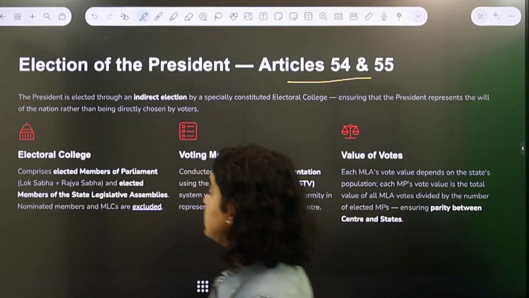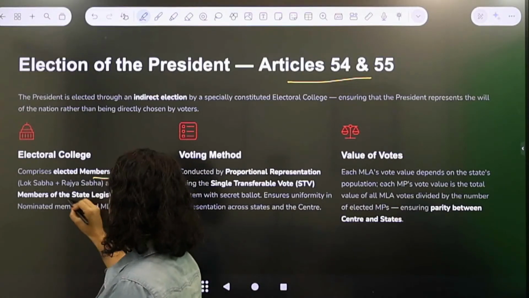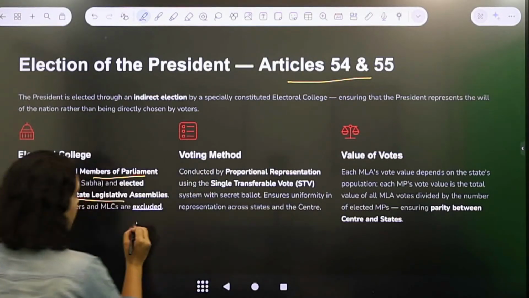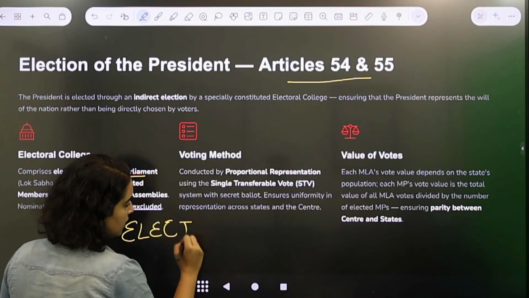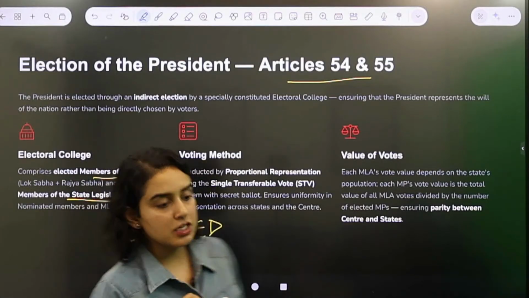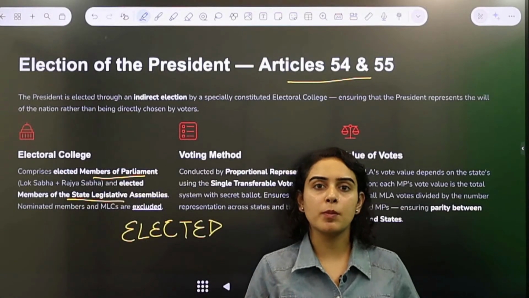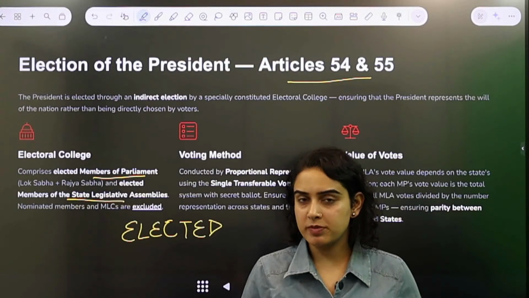So now it says the elected MPs and elected MLAs. The word that you have to actually note down here is the word elected. In Rajya Sabha, we also have some nominated members. The president himself has the power to nominate those 12 members, right?